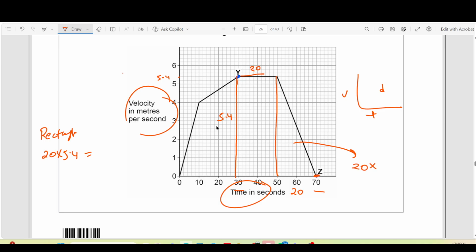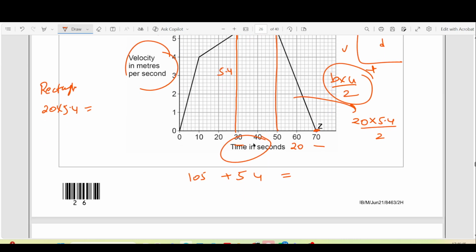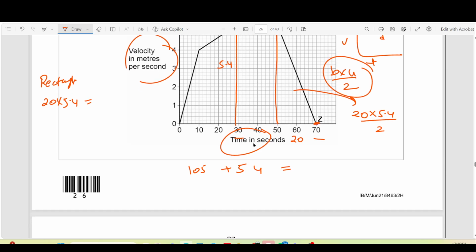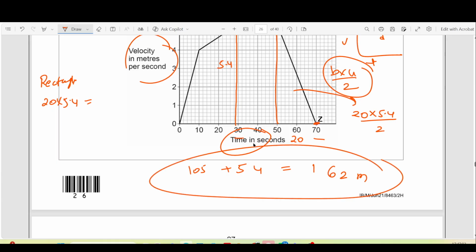So 20 times 5.4 divided by 2, base times height divided by 2. 20 times 5.4 equals 108, divided by 2 equals 54. So 108 plus 54 gives us the total area, and that will be our distance. It equals 162 meters. That's correct.